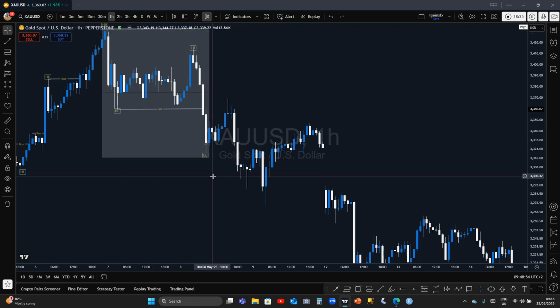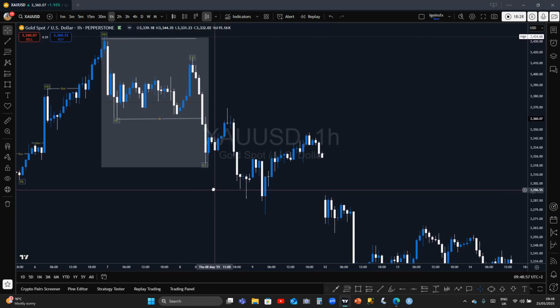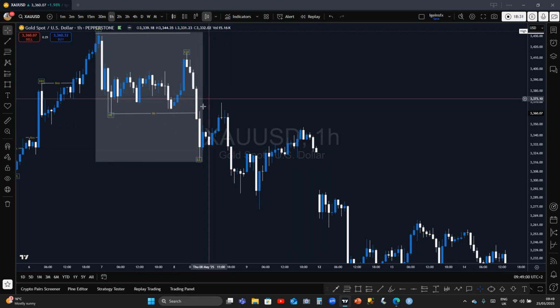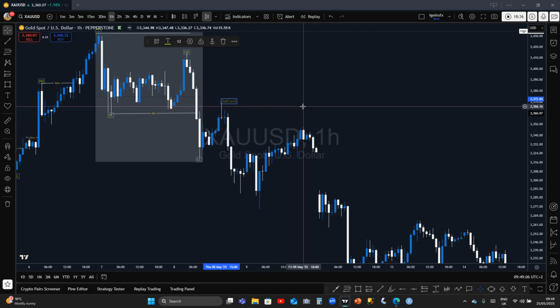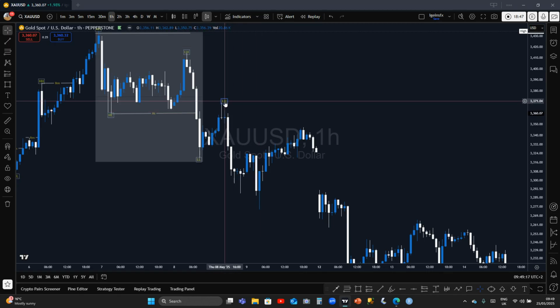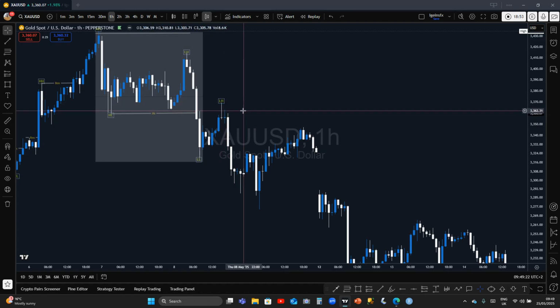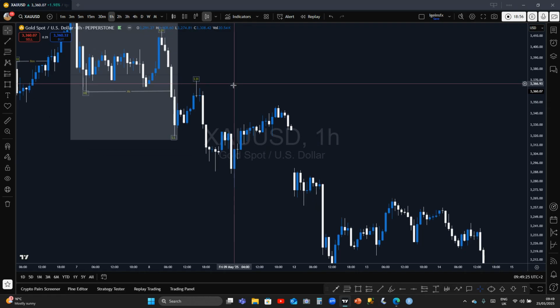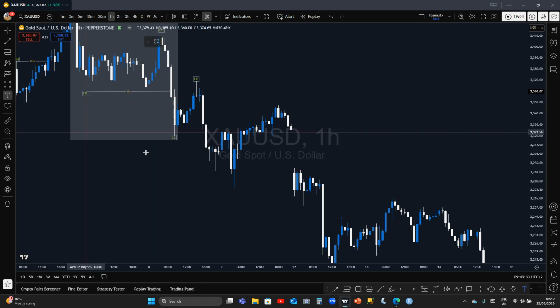From here to this point, the structure is not created. Now we can say, because price action has created another resistance, another lower high, another higher low, now price needs to break structure to the downside to create a lower low, which price has done.